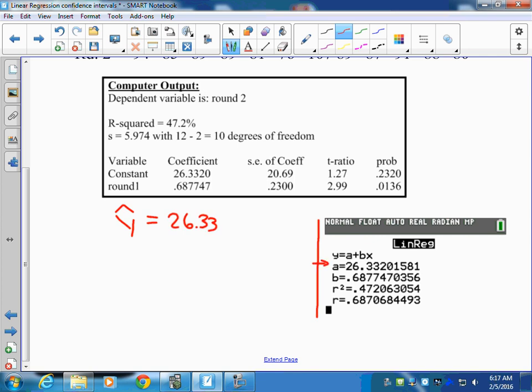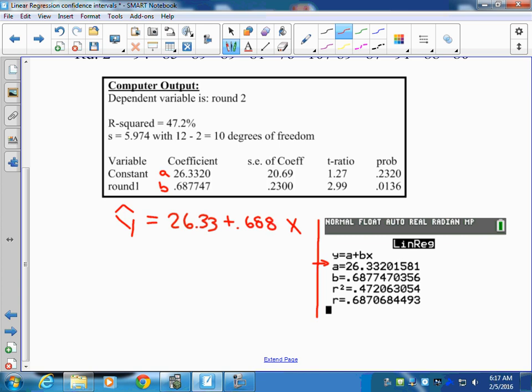We can see that here as well with the computer printout. Remember, your computer printout is always listed in alphabetical order, A and B. Constant coefficient is your y-intercept. Your round one coefficient, remember, round one is x, so that round one coefficient is your slope.